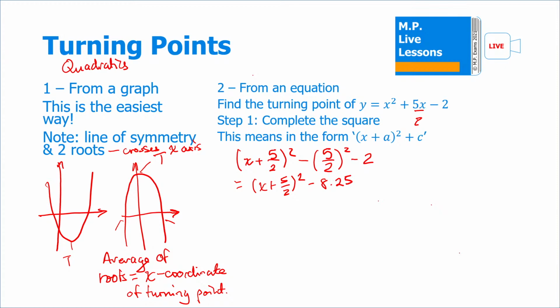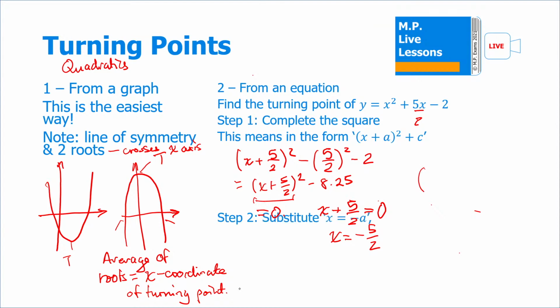So to find the turning point, this would be at its lowest, so when this bit equals 0. You'd want this equal to 0, so x plus 5 over 2 equals 0. So at the turning point, x is equal to minus 5 over 2. So whatever is in here, negative. So our turning point coordinate would be negative 5 over 2.